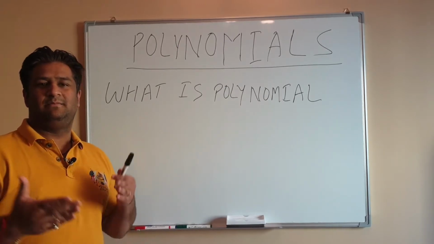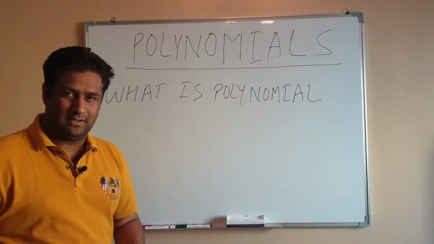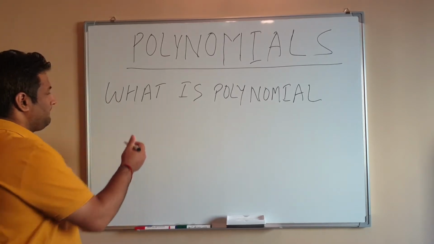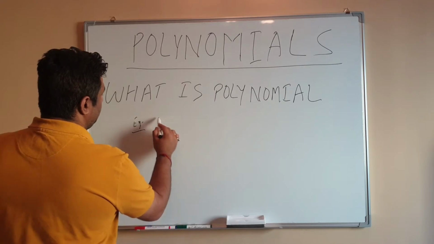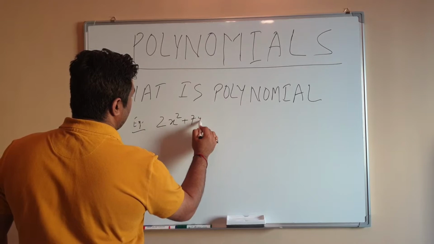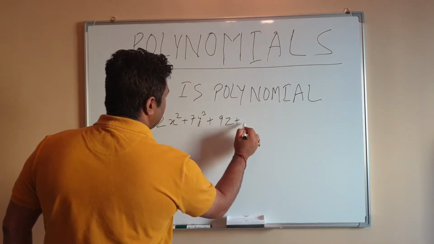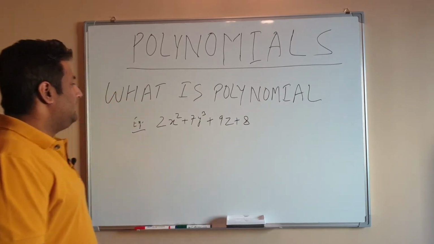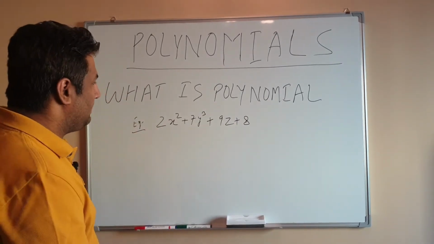For example, 2x square plus 7y cube plus 9z plus 8. If you see this, it's an example of a polynomial.